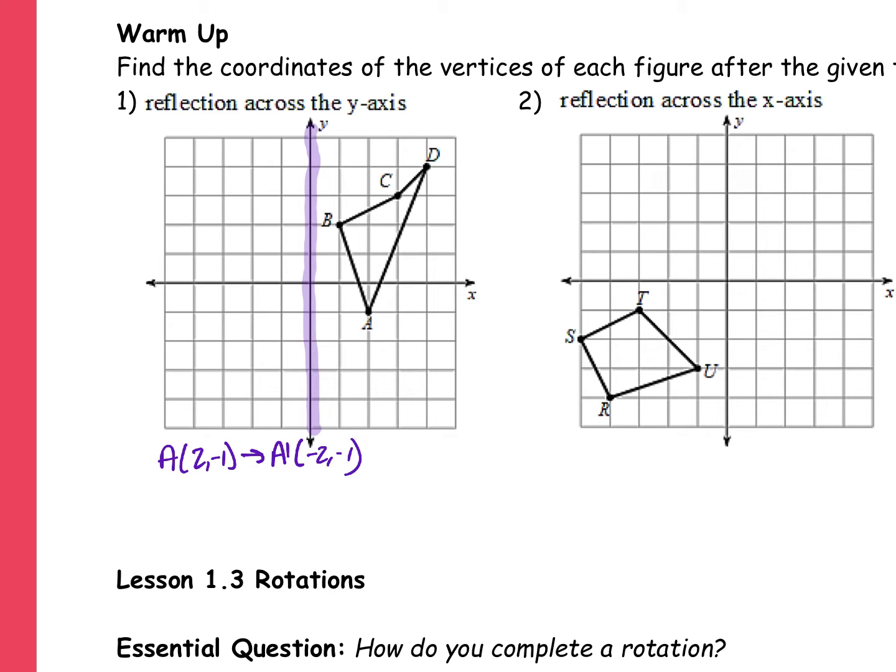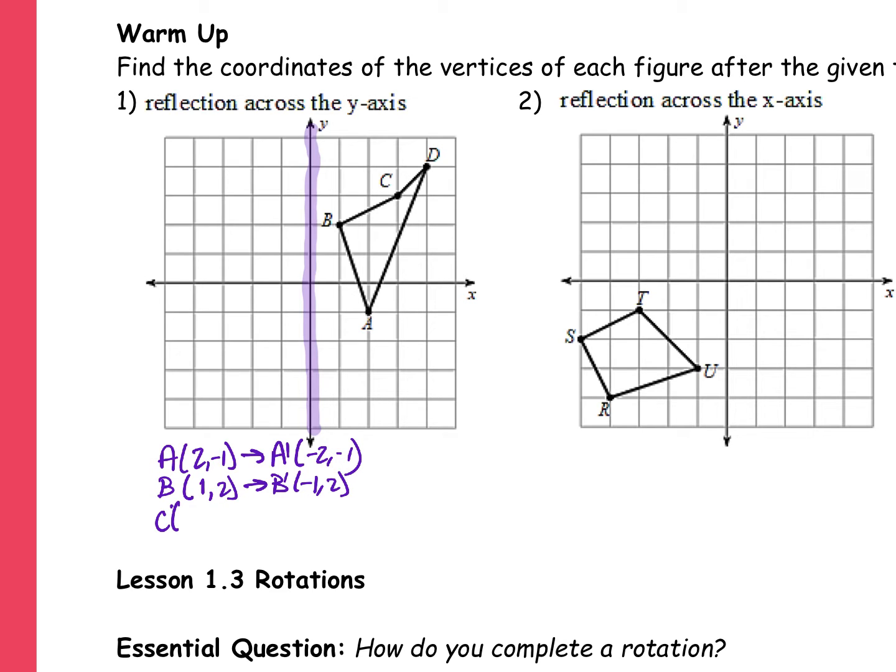And then B, I should have given myself a little bit more room to write. B is at, where's B at? 1, 2. So B prime would be at, x is changing, so -1, 2. C is at, where's C at?